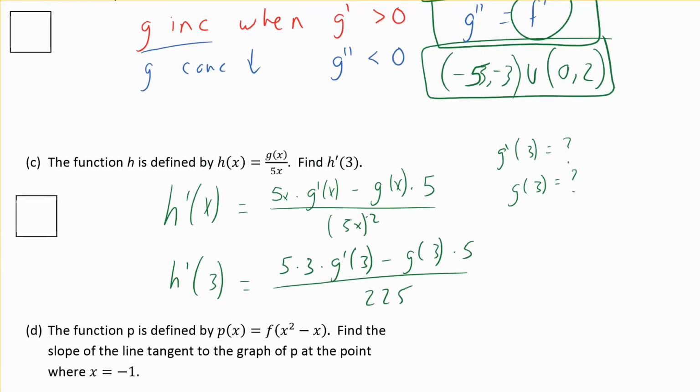So throw that in there. So 15 times negative 2 minus 9 times 5 over 225. I think I get a negative 1/3. Nice.